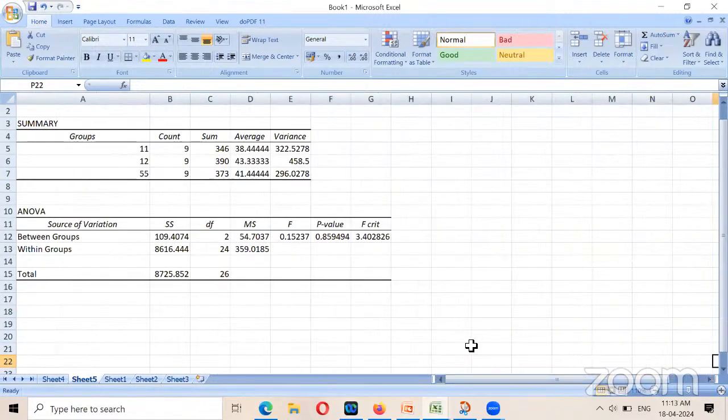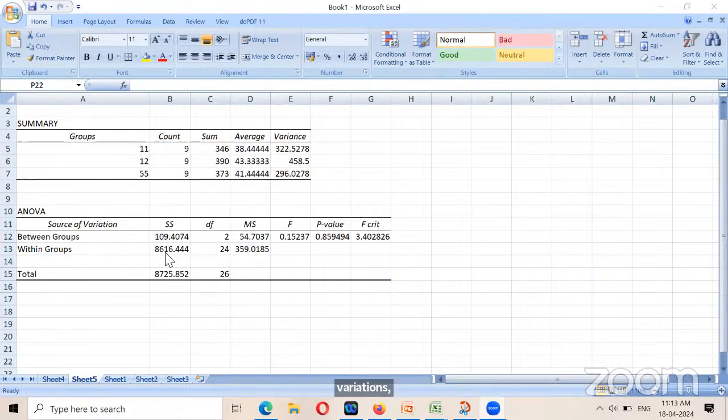Okay, I hope now it is visible. Let us go to the first column, source of variation. So between the groups and within the groups, the variations that are calculated from between the groups and within the groups.